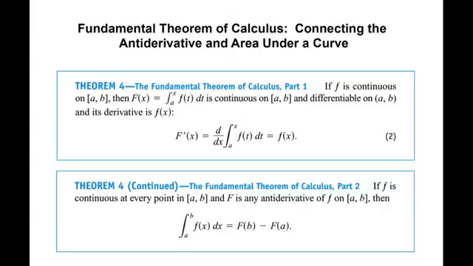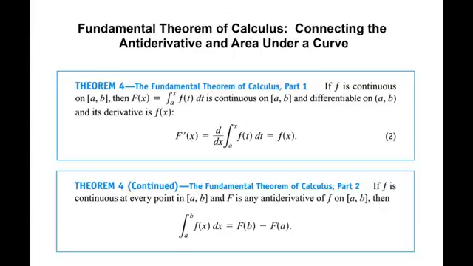So the fundamental theorem of calculus part 1 says if f is continuous on some closed x value interval from a to b, then we can find the antiderivative of that little function f by taking the integral of the little function f with respect to t, evaluated from x equals a to some other value of x.